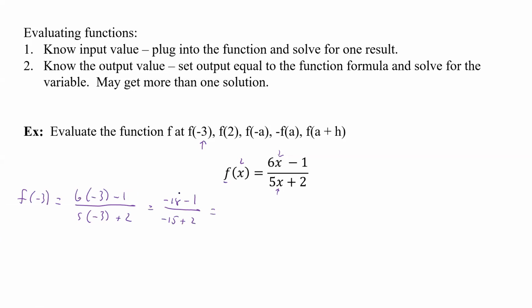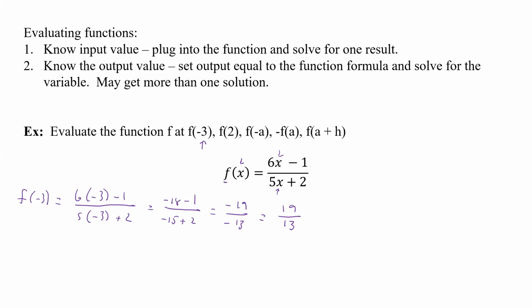And so negative 18 minus 1 is negative 19, and minus 15 plus 2 is going to be minus 13. And negative divided by negative is positive, and 19 and 13 are both primes, and so we can't reduce it. And so that would be the evaluation of this f of negative 3.